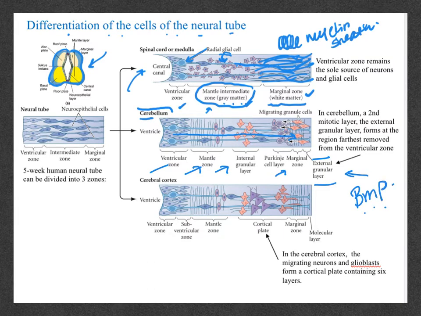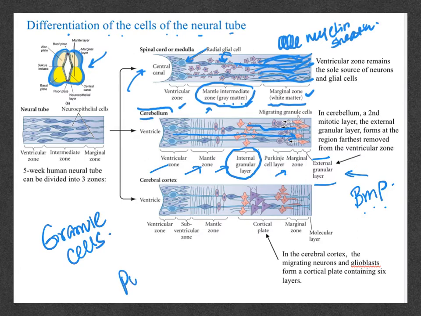The secretion of this BMP activates cells to become a different type of cell known as granule cells. And what these granule cells will do is that they will migrate back to the ventricular zone, but somewhere along the middle, they will form this additional layer known as the internal granular layer.